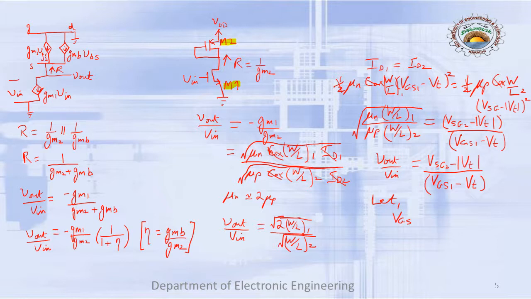Let's say VGS1 minus VT is a small number, let's say 0.2. If it is 0.2 and we are targeting a gain of 10, then it means that VSG2 minus VT is equal to 2.